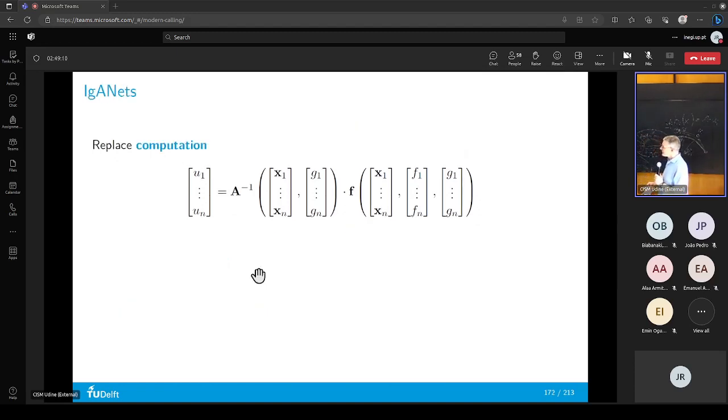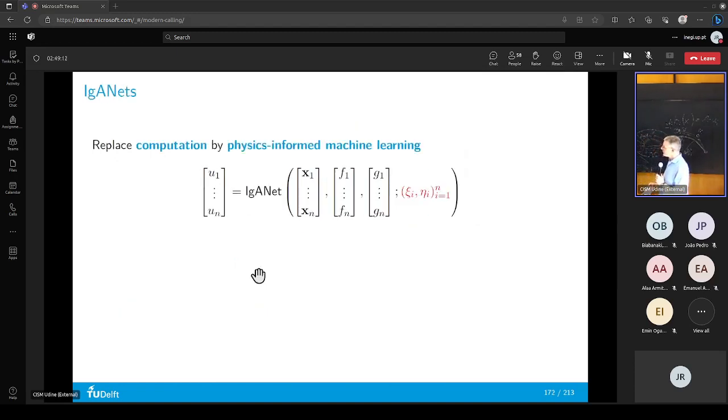We are just replacing the compute part by a network part. How this network looks internally, we will come to in just a second. That means the geometry encoded in coefficients, and the right-hand side and the boundary encoded in coefficients are inputs, outputs are the solution, and we have to train over, guess what?